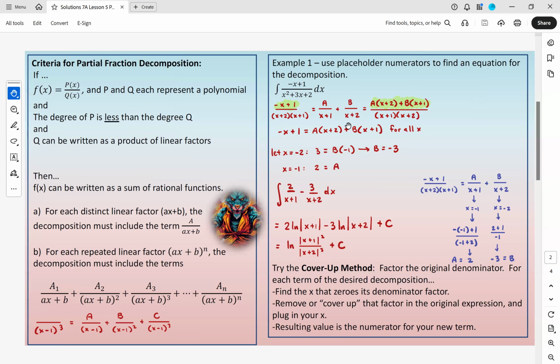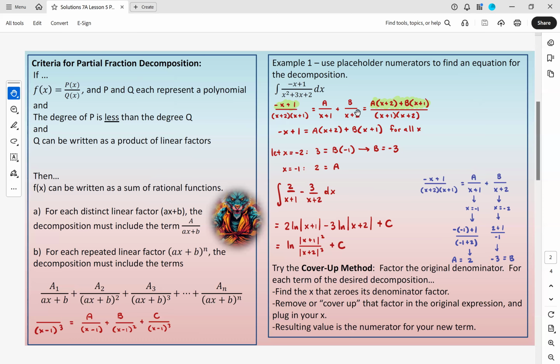Now, I've written out the template of what we want this thing to become. I'm going to play with it a little bit more. Imagine that you were sitting right here at this step and you wanted to combine these two fractions by getting a common denominator. If that's what you were doing, you would multiply this first fraction by x plus 2, top and bottom. So A gets multiplied by x plus 2.